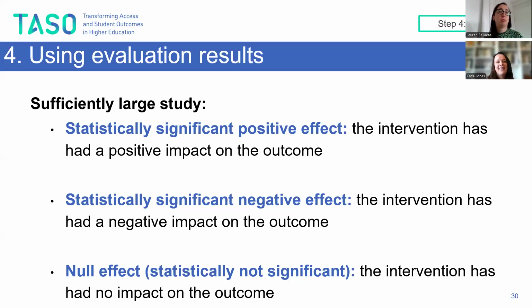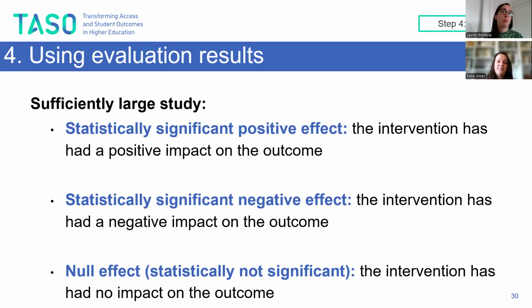However, if you're getting a negative effect that you weren't expecting, this is very valuable knowledge. So you've got to think about the ethical implications for your intervention. You'll want to ask yourself, do I want to continue this intervention if it's having a negative effect, or do I need to change the intervention? So that's all useful knowledge to have.